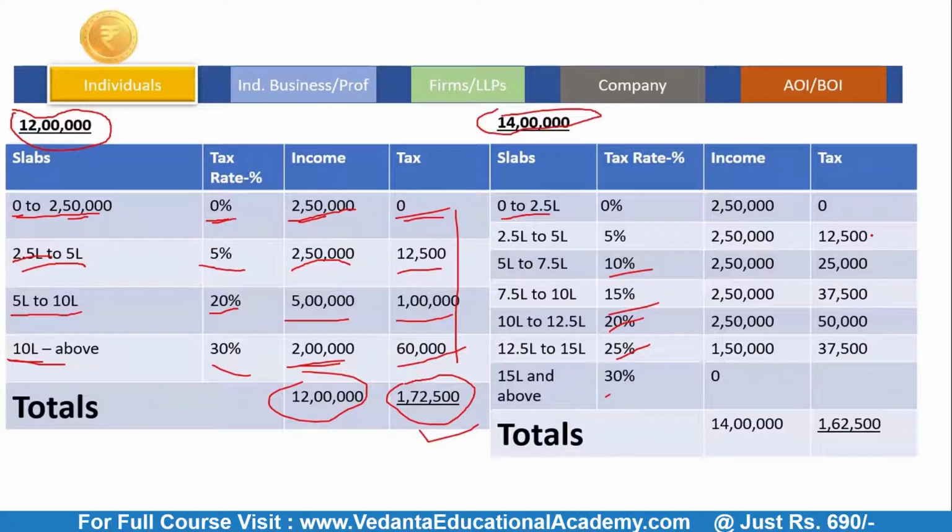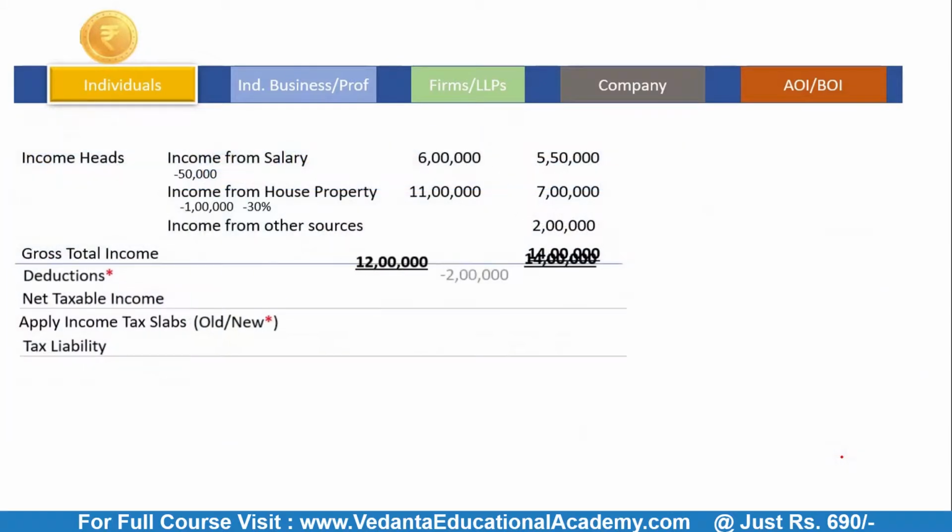So if you apply the new tax slab rate, then the total liability of the taxpayer is 1,62,500. So 1,72,500 is the tax liability if you opt for the old tax slabs, and as per the new tax slabs the liability was 1,62,500. So I'll just take the same into action.